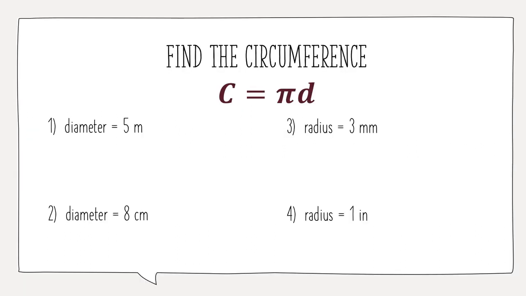Okay, on the bottom half, we are finding the circumference, and they didn't give us a picture. They just told us a specific measurement. So for number 1, if the diameter is 5 meters, and we are using the formula C equals pi d, how will we find the circumference? 3.14 times 5.